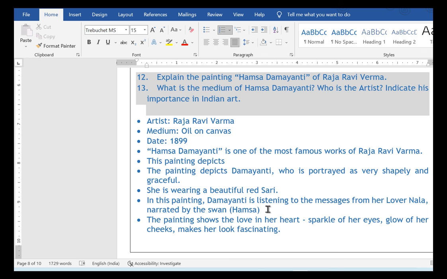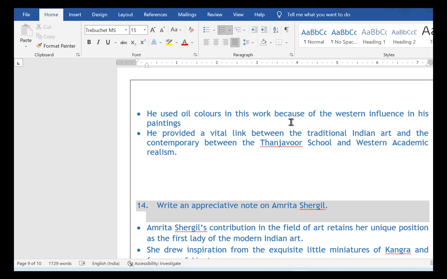The painting shows love in her heart. We can see it through the sparkle in her eyes and the glow on her cheeks, and this makes her look very fascinating. Raja Ravi Varma has used oil colors in this painting because of his Western influence.